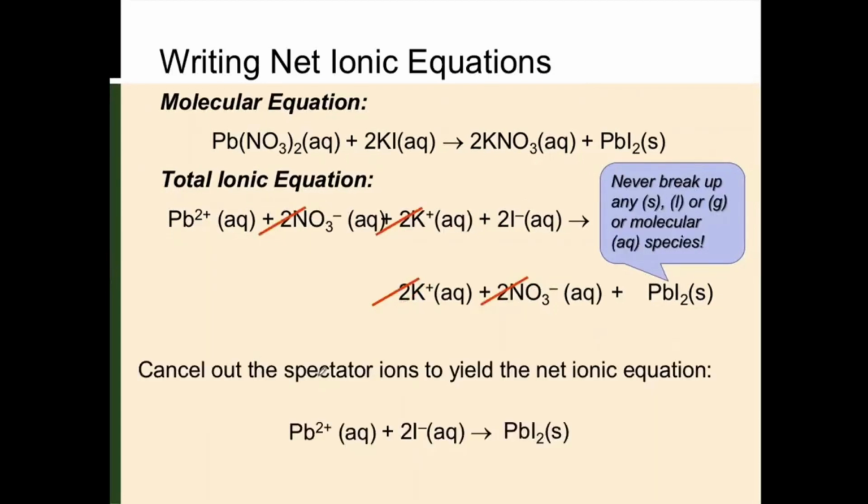So we cancel out the spectator ions, i.e. the ones which do not change in their form. There's still nitrate on both sides, there's still potassium on both sides. So cancel those out to yield the net ionic equation, which is this: lead 2 plus aqueous plus 2 iodide aqueous gives us our lead iodide precipitate. And that's how we would go about writing out this net ionic equation.